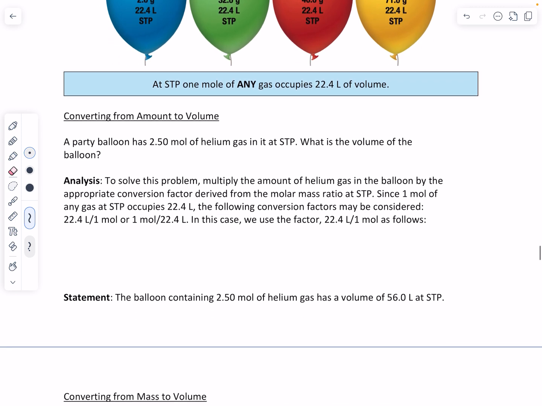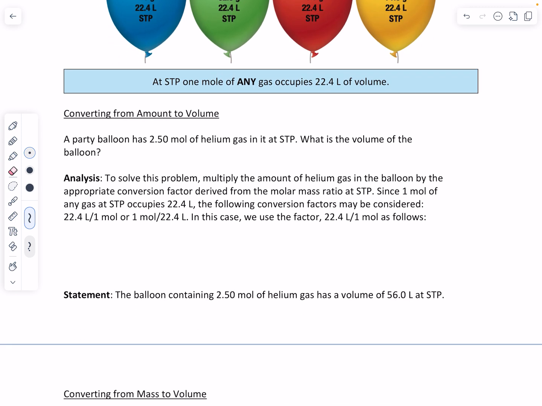Let's convert from the number of moles to the volume. A party balloon has 2.5 moles of helium gas at STP. What is the volume of the balloon? To solve this problem, we need to multiply the amount of helium gas in the balloon by the appropriate conversion factor derived from the molar volume at STP.